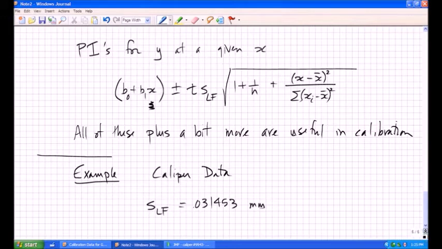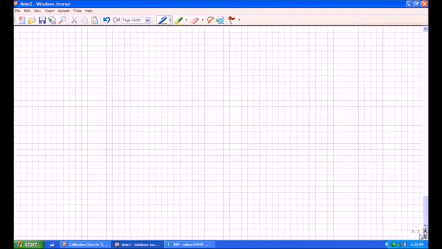Okay. One thing I can do with that is to make confidence limits for the repeatability standard deviation.